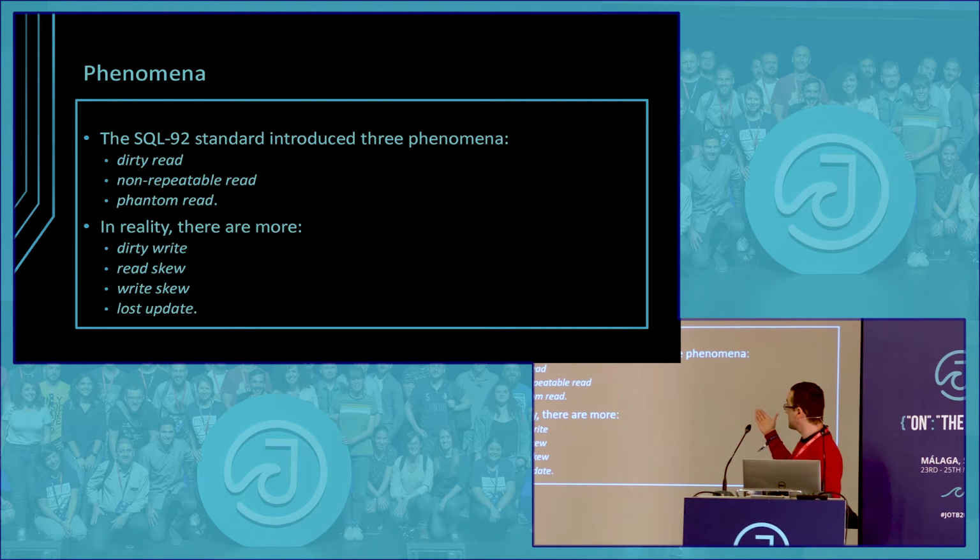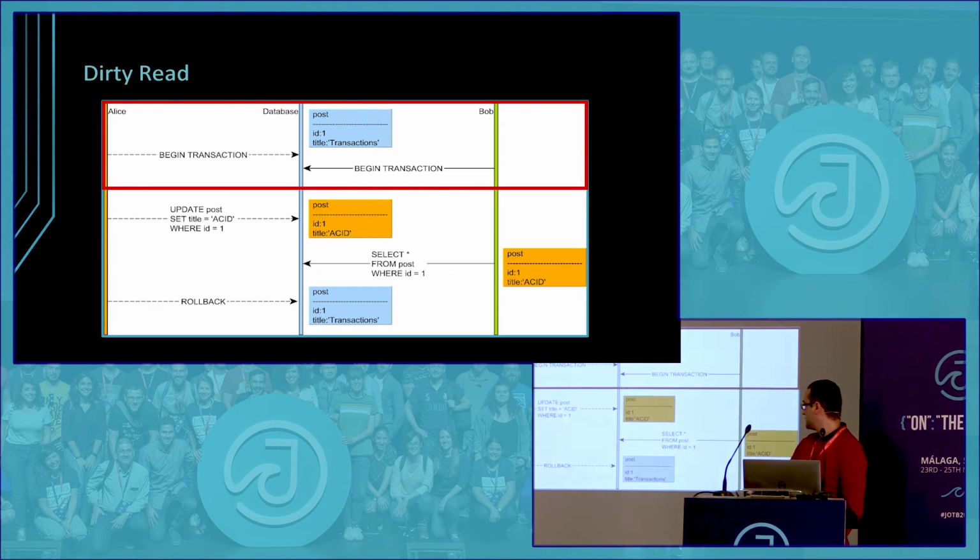And the standard only tells you about 3 issues: dirty read, non-repeatable read, and phantom read. But in reality, you have more of them. You have read skew, write skew, and you also have dirty write and lost update. Dirty write is not very worth talking about because if a database has dirty write, it cannot even provide atomicity.